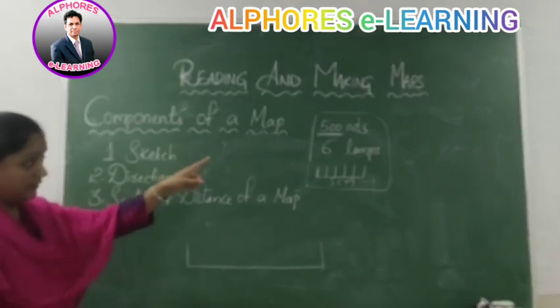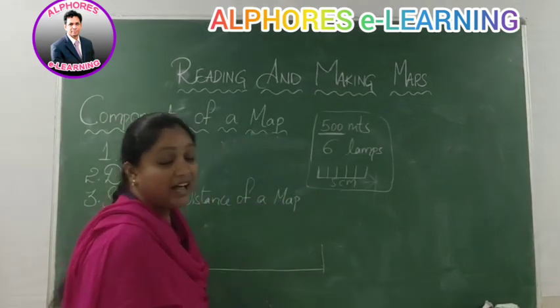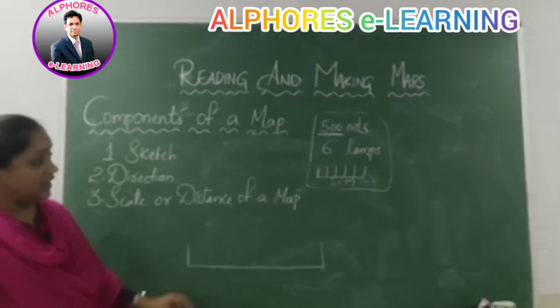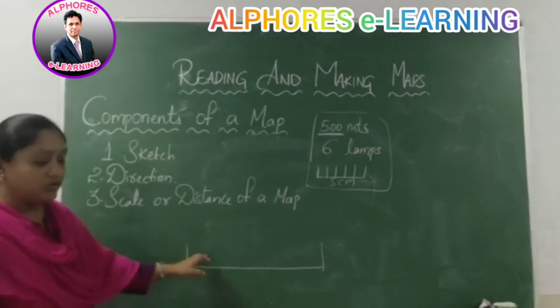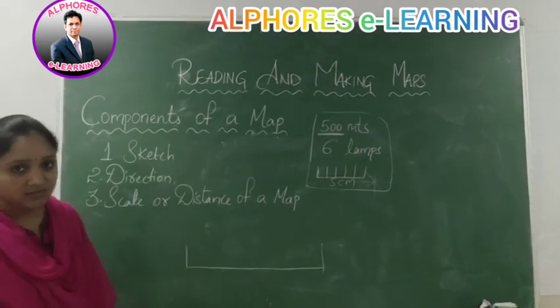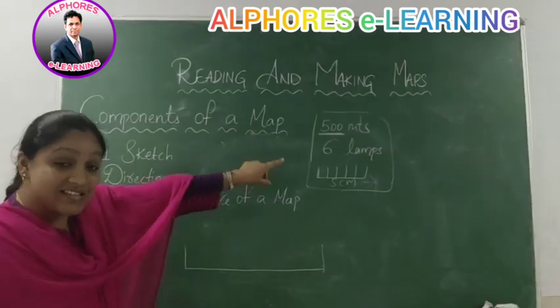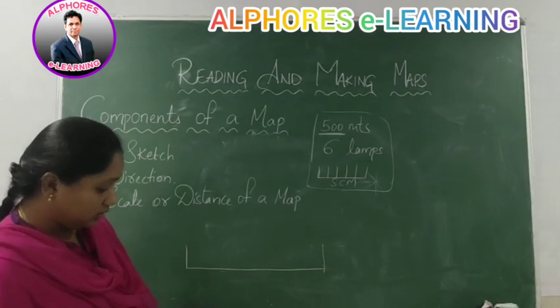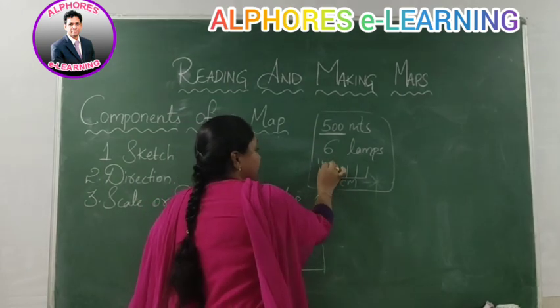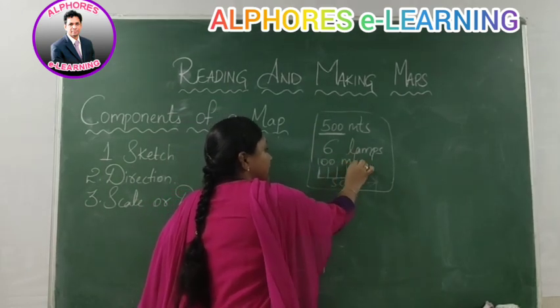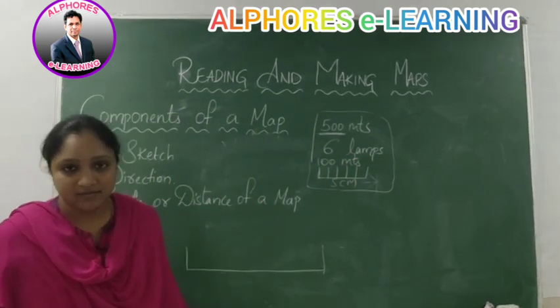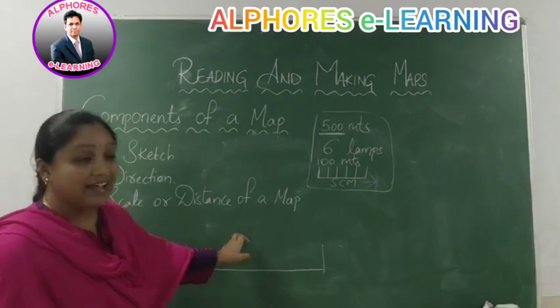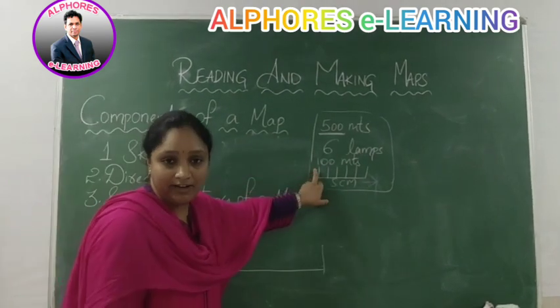And what he described in this is 6 lamps, and these 6 lamps are posted with an equal distance. If you see exactly on the real bridge, the distance from one lamp to the other lamp is 100 meters.